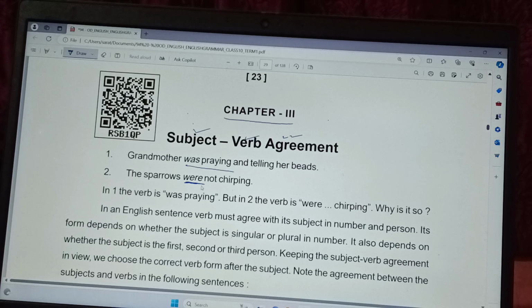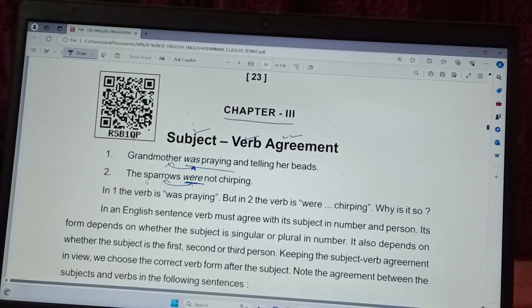So in English, look at my cursor students, the verb was agrees with the subject grandmother. Now in the second sentence the verb were agrees with sparrows.